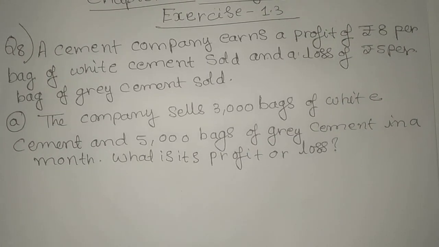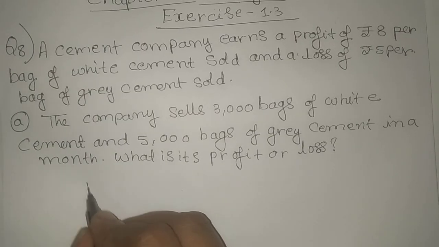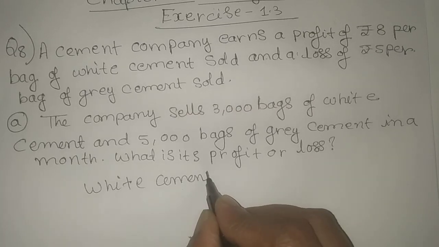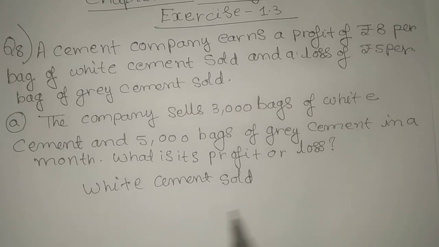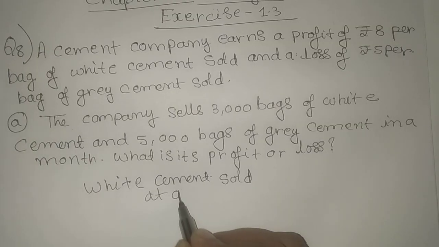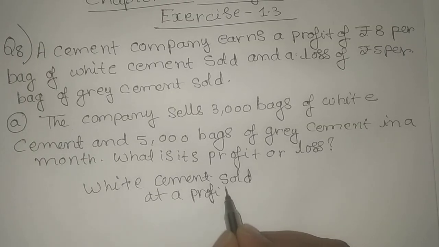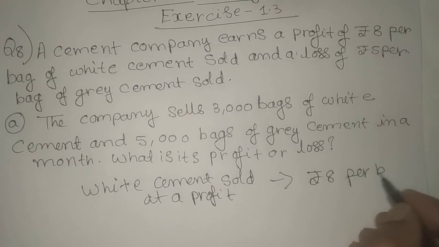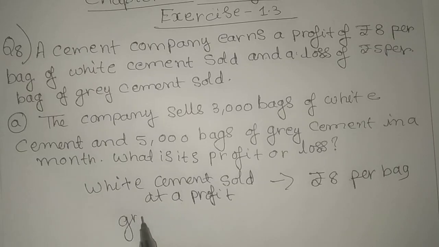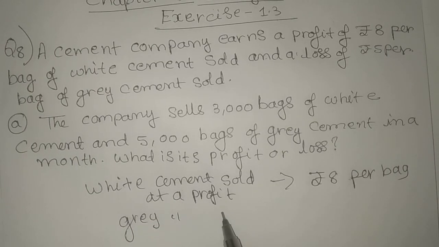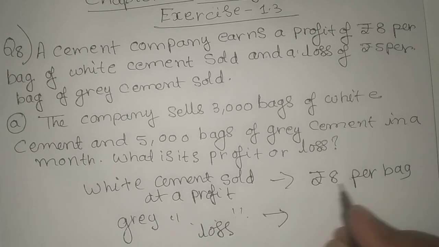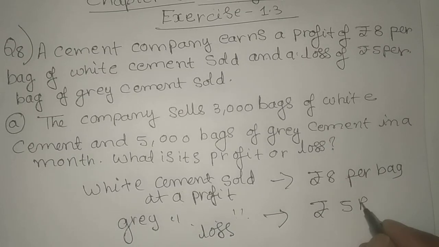So there are two cement bags: white cement will be sold at a profit equal to rupees 8 per bag, and grey cement sold at a loss of rupees 5 per bag.